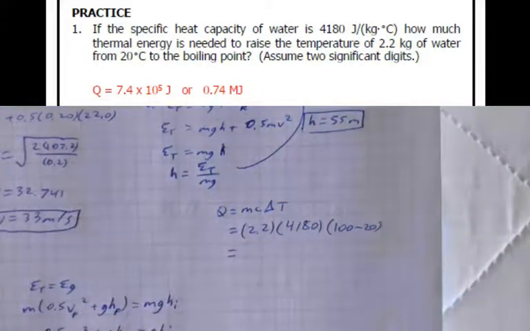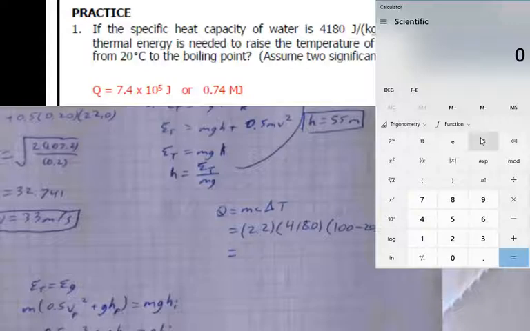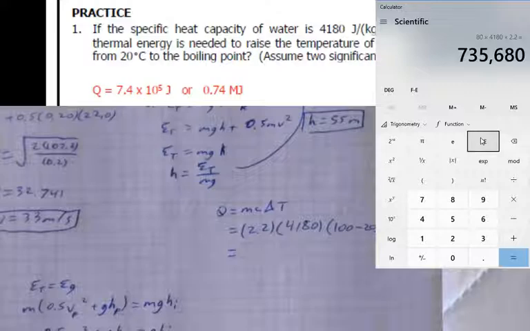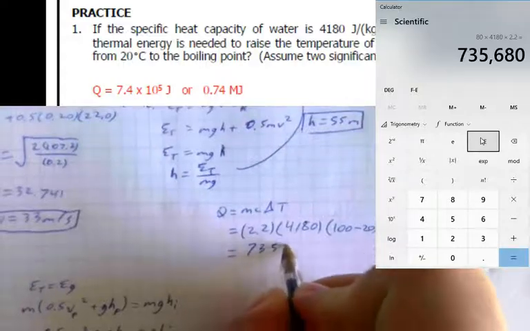So let's work this out and calculate it. 100 minus 20 is 80, so I'll just write down 80 times 4180 times 2.2. We get 735,680.